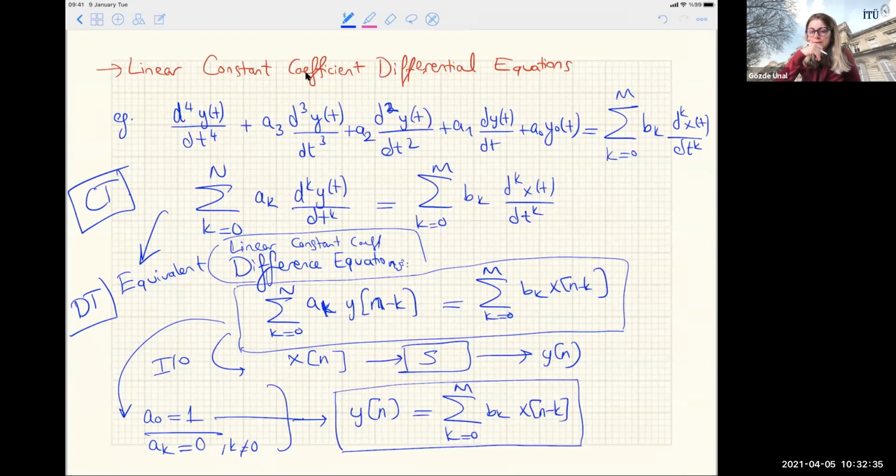Here you see the output at time n, guys, depends only on the input, and in this case only on current and previous values. So this is actually a causal system also. And it does not depend on past values of the output.